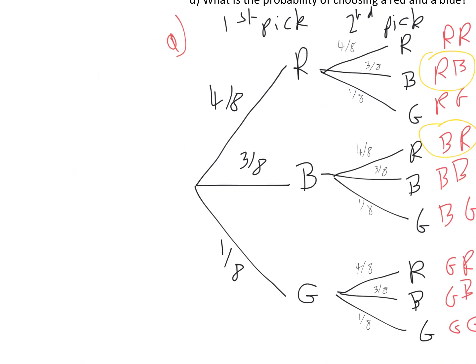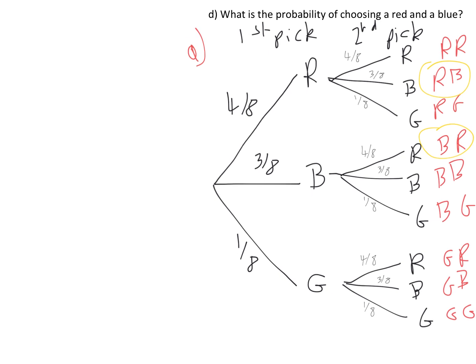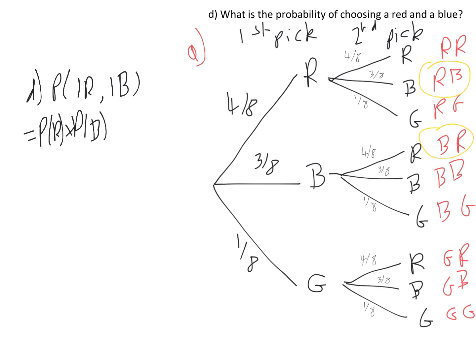So I'm just going to do that over this side. Part D. So probability of 1 red, 1 blue. Order is not important. So probability of red times probability of blue, or, which means plus, probability of blue times probability of red. I mean plus because this can happen or this can happen. There's combined chances.